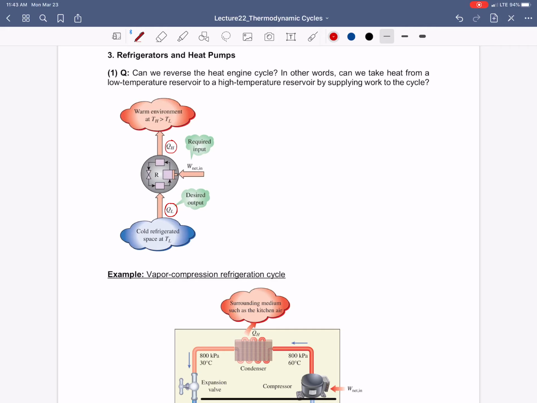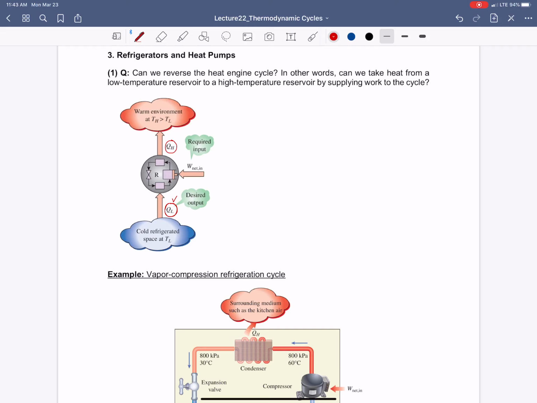So if you think about how we use a refrigerator, the purpose of having a refrigerator is to make the inside of the refrigerator very cool. So in that case, QL is your desired output.